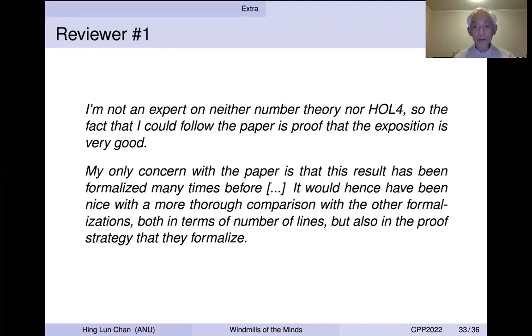It would hence have been nice to have a more thorough comparison with the other formalizations, both in terms of number of lines and also in the proof strategy that they formalize. And so I took those comments and added this information in the revised version of my paper.